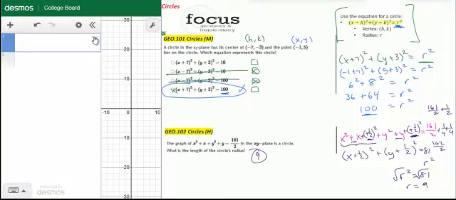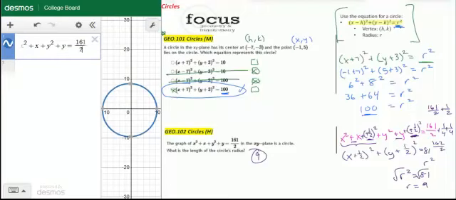Now, what if I entered this whole equation directly in the calculator? When you look at this equation, notice the center is not 0, 0, and it doesn't pass directly through the 10 and the -10 here.